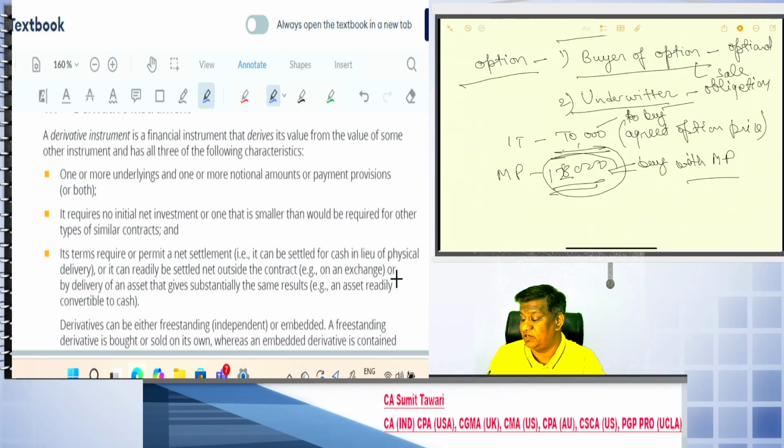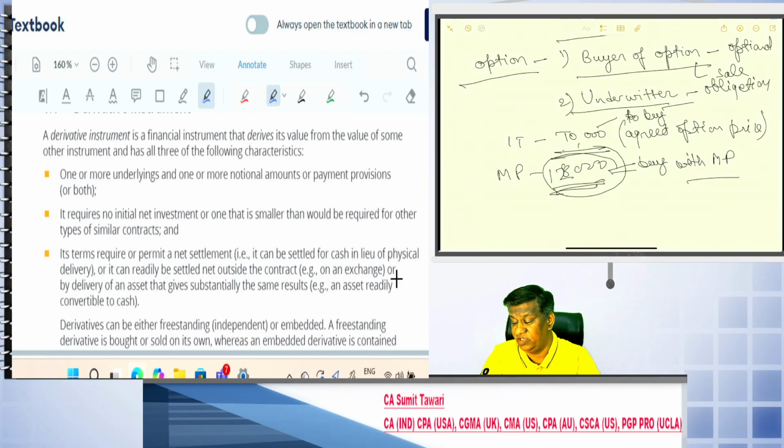The underwriter may be at a loss, because he is supposed to buy at 10,000, but now he needs to buy at 12,000. Because the buyer of the option decided not to sell to the option underwriter, instead he can sell in the open market at a higher price.